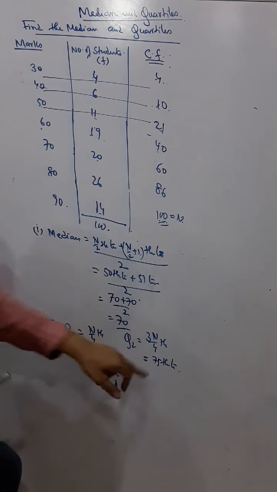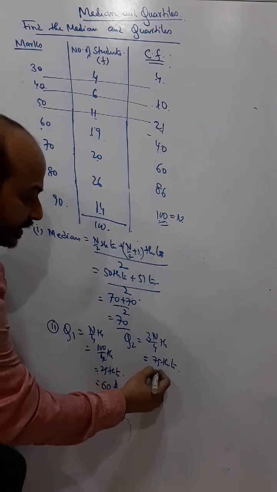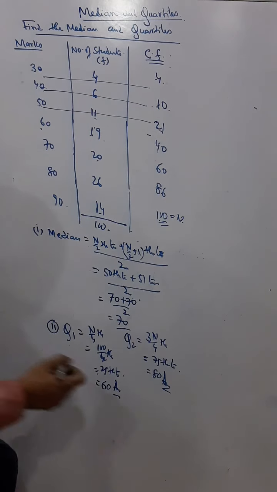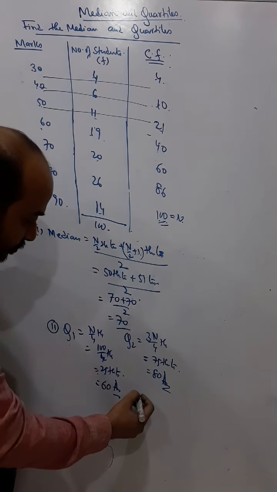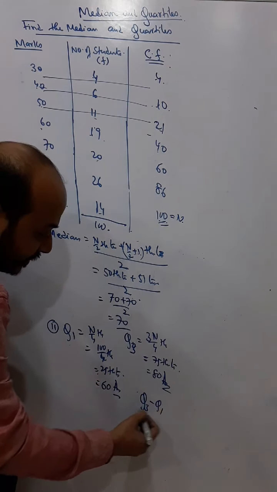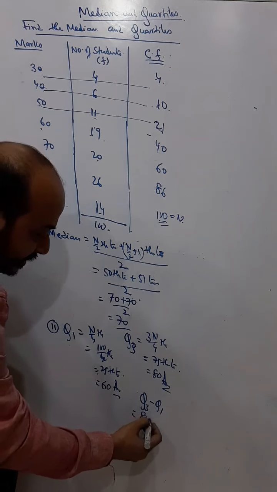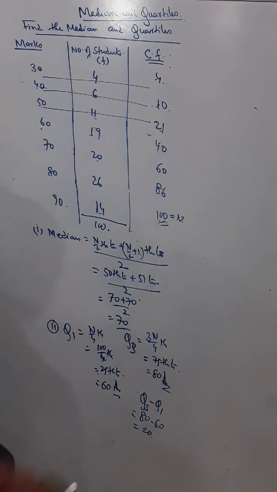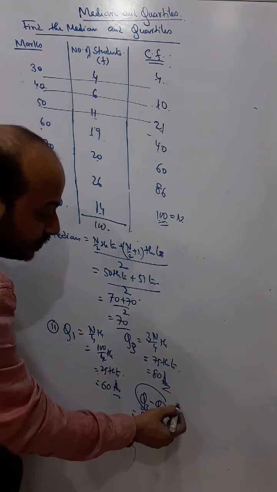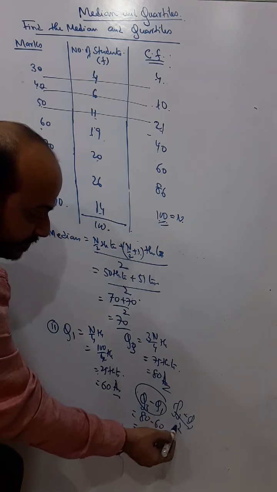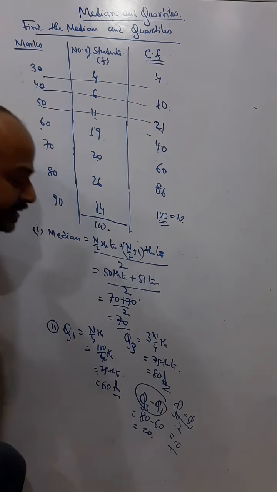So therefore the 75th term is also 80, and therefore we have 80 as the third quartile. And if they ask me what is the quartile range, it will be Q3 minus Q1. Q3 is 80 and Q1 is 60. So I get 20. And similarly if they ask me the semi-interquartile range, I will do Q3 minus Q1 divided by 2, that's 20 by 2, and I'll get 10.